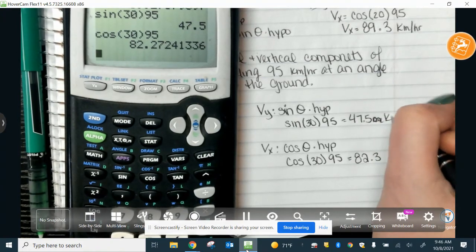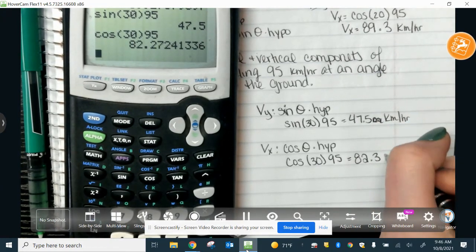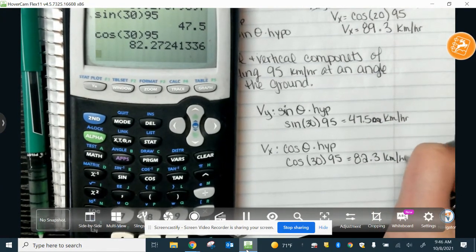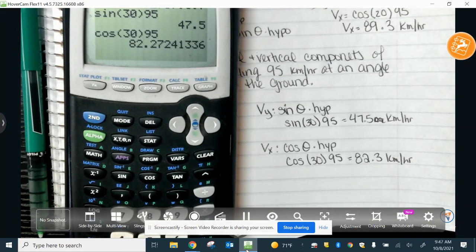It's not meters, I'm sorry, it's kilometers per hour. That is the horizontal. I did vertical and horizontal components of my helicopter movements.